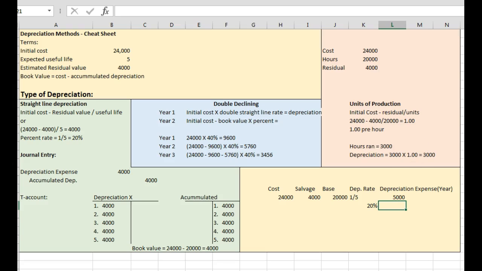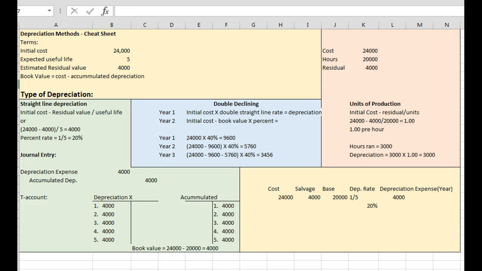Well, $4,000. And the entry for that is depreciation expense, $4,000, and accumulated depreciation, $4,000. And this is where the book value comes into play. Right now, that asset is on the balance sheet as $24,000.